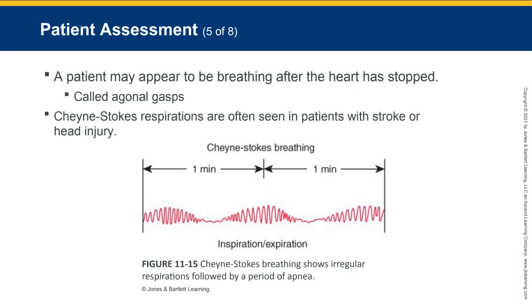It's a breathing pattern in which the breathing rate gradually increases, then it decreases, then it stops, then it gradually increases again, decreases, stops. So it's irregular, but it is consistent. And it is associated with stroke or head injury.